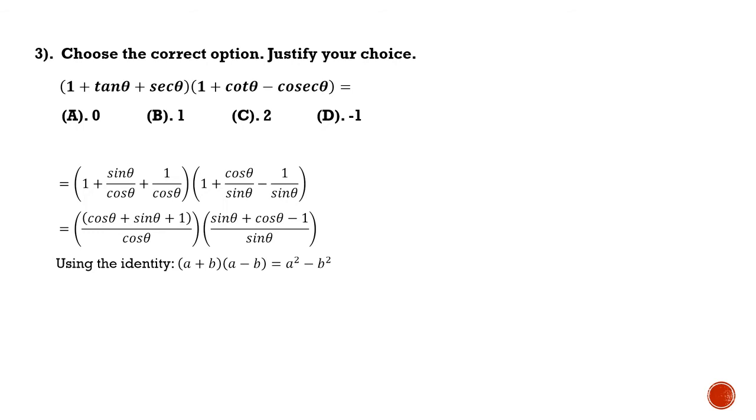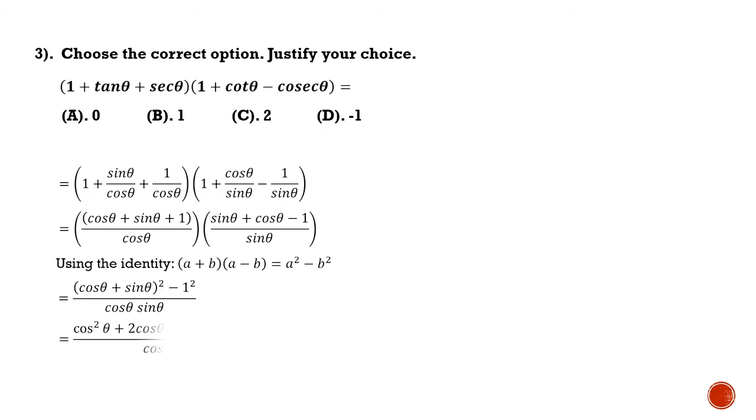If you see the numerator here, let us consider that cos theta plus sin theta is our a and 1 is our b, because if you look closely, they are related to this identity: cos theta plus sin theta plus 1, and here cos theta plus sin theta minus 1. If we write them in terms of a square minus b square, this is what we'll be getting, because cos theta and sin theta are taken as a here.